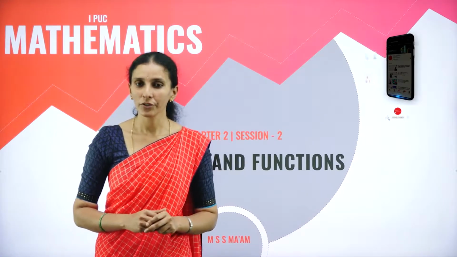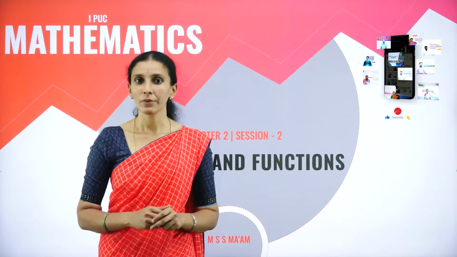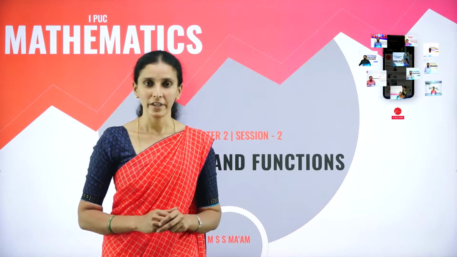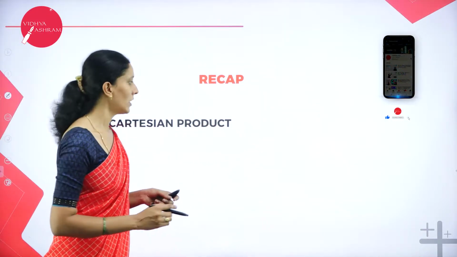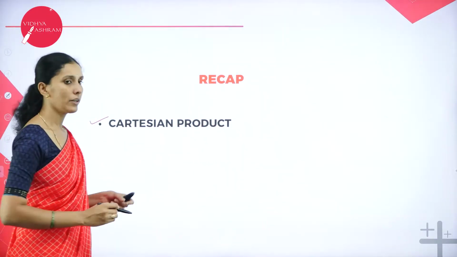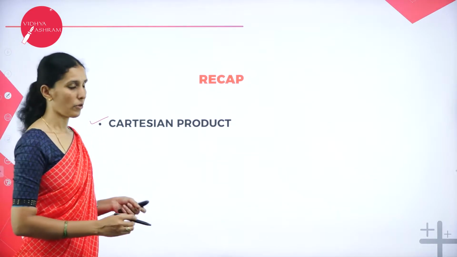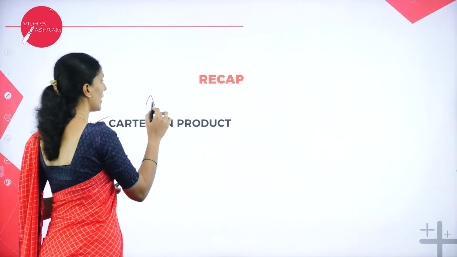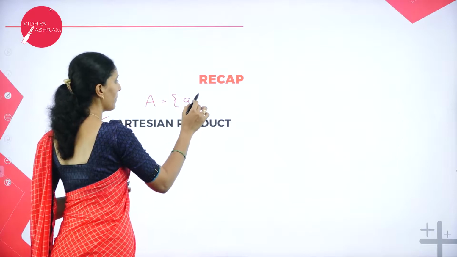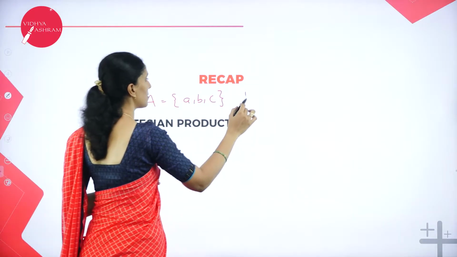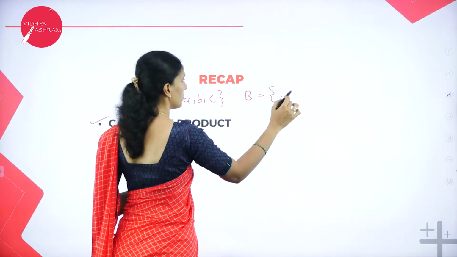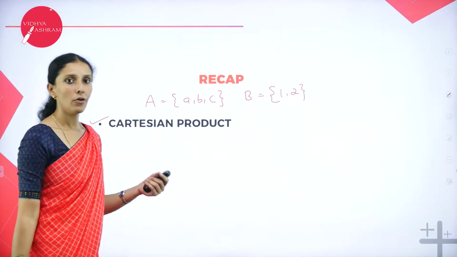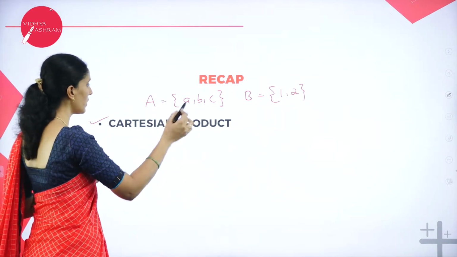But before going to relations, let us see what we have learnt in our previous session on this chapter. In our previous session, we learnt about Cartesian product. What do you mean by Cartesian product? Suppose you have a set A = {a, b, c} and set B = {1, 2}. How are you going to write the Cartesian product of these two sets?